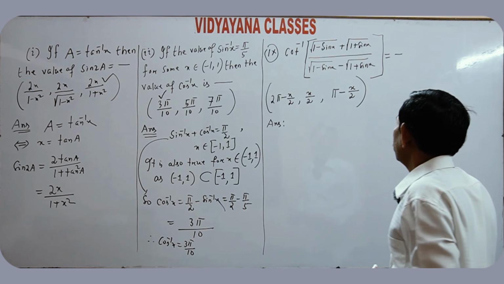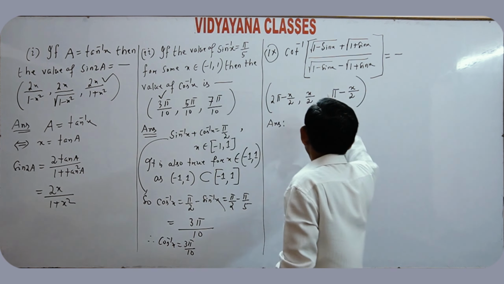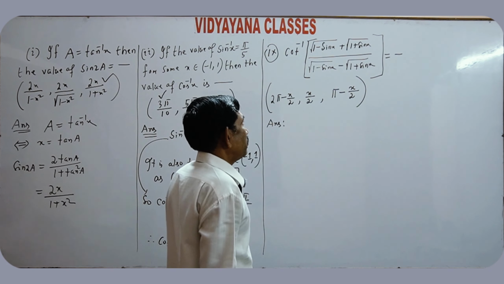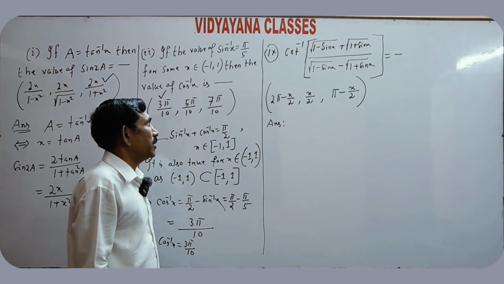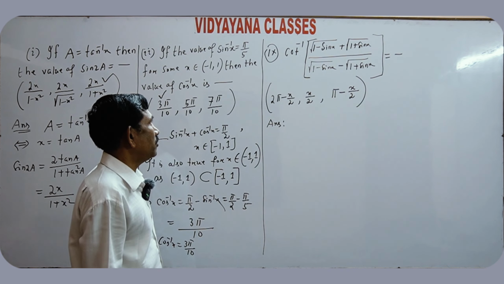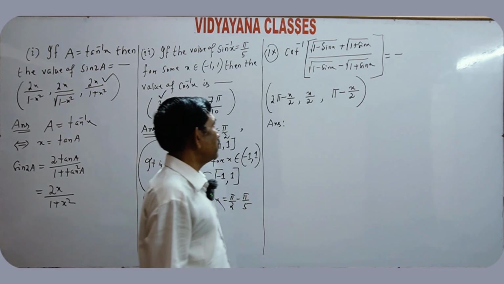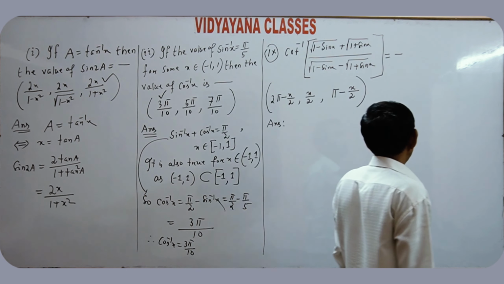Ninth bit. Cot⁻¹ of [√(1 − sin x) + √(1 + sin x)] divided by [√(1 − sin x) − √(1 + sin x)] is equal to dash.